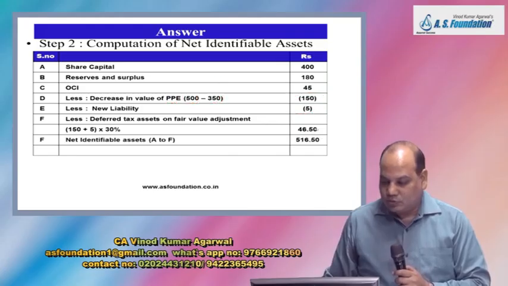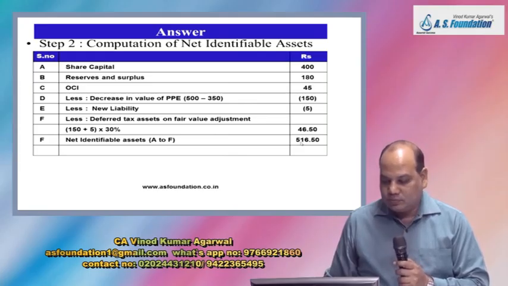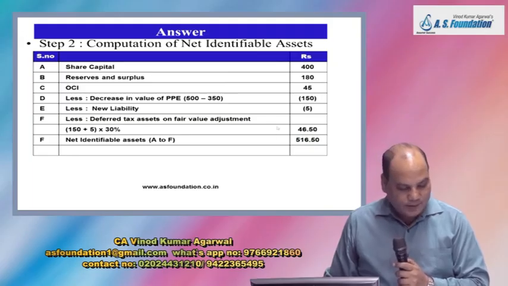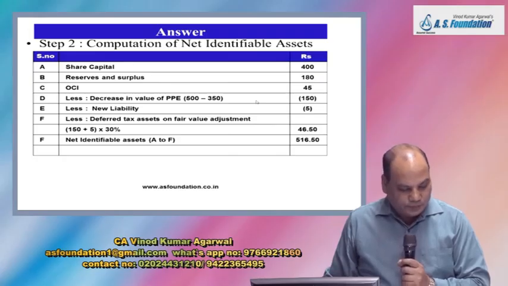46.50. So this will give me net identifiable asset acquired. How much? 516.5. In this question, non-controlling interest is 30%. But they have not mentioned the fair value of non-controlling interest.